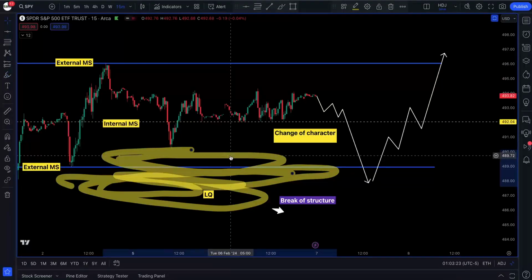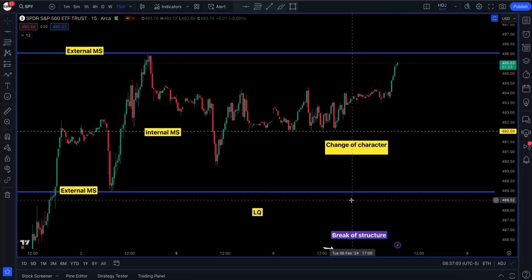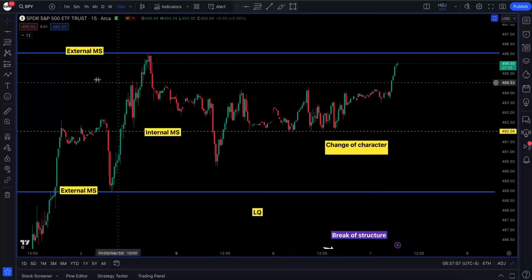So everybody, market structure and understanding it is super, super important. In our previous example, we talked about if the price action were to do this.